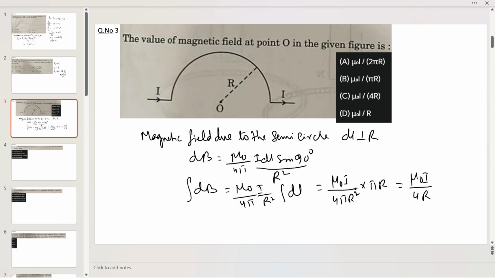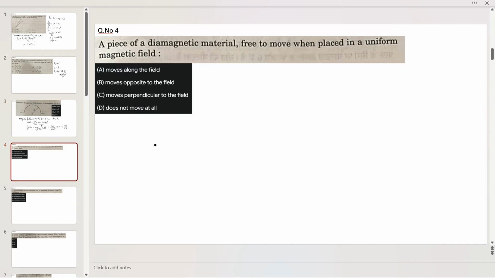Now I am going to question number 4. A piece of diamagnetic material is free to move when placed in a uniform magnetic field.